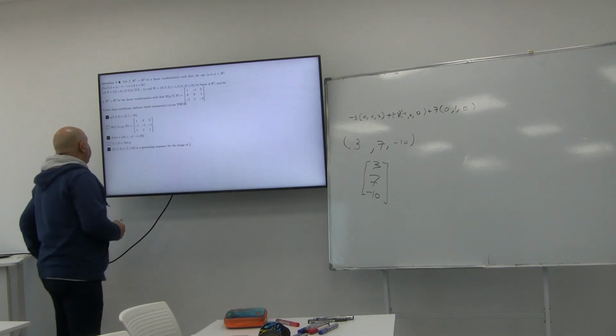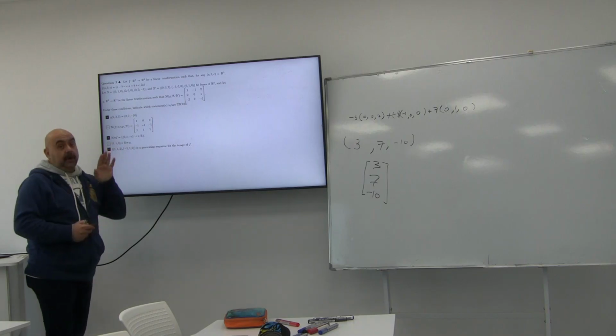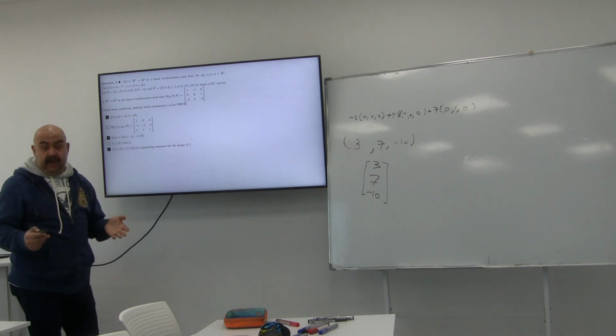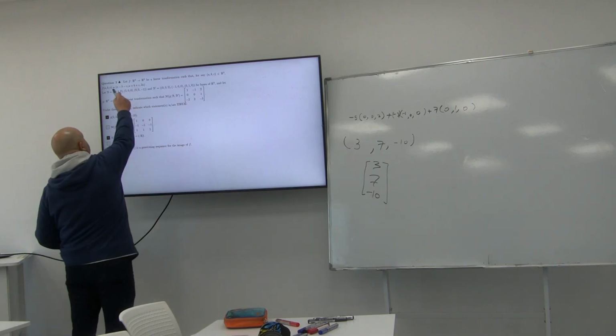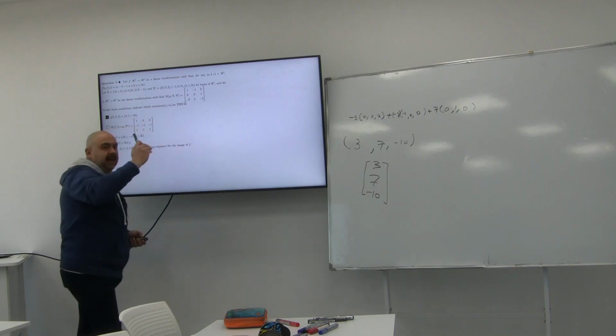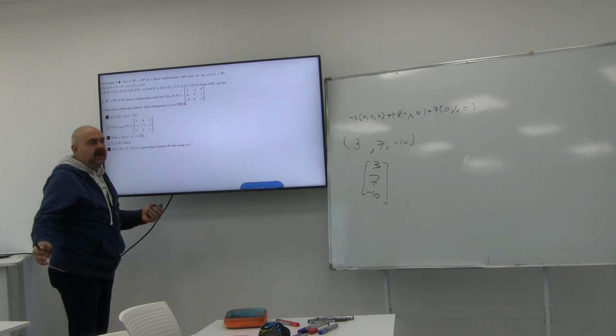Okay, in a similar manner, the next part asks you about the kernel of f, which is a simple task because the kernel of f will depend on the following. I will get first the image, put it equal to 0, getting the conditions, then resubstituting in A, B, C, I will get the value.